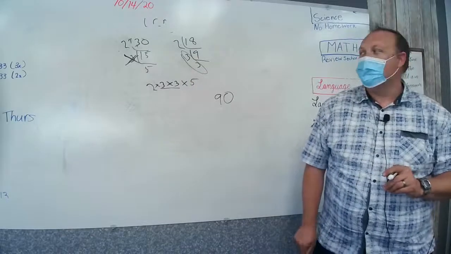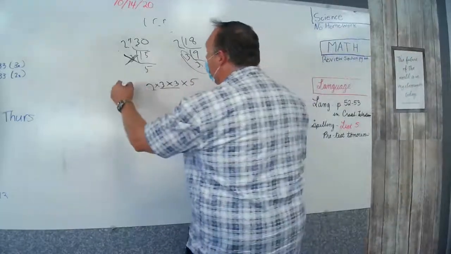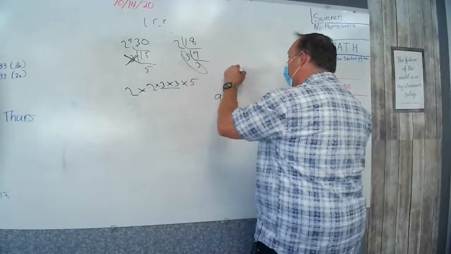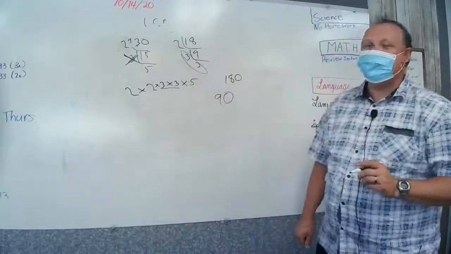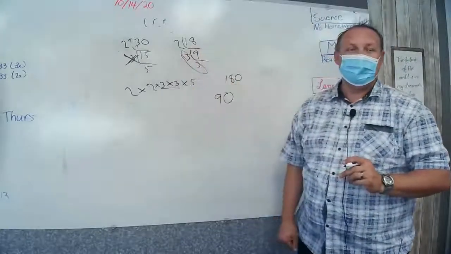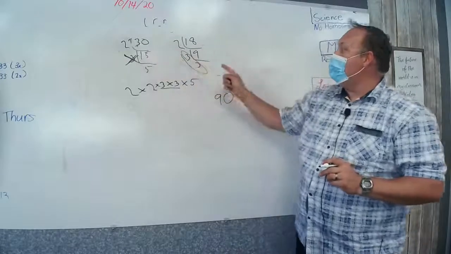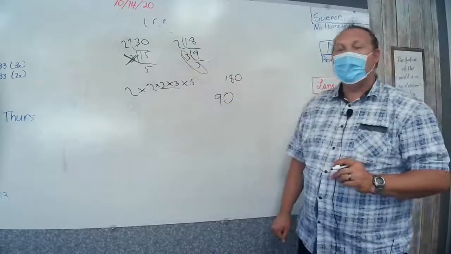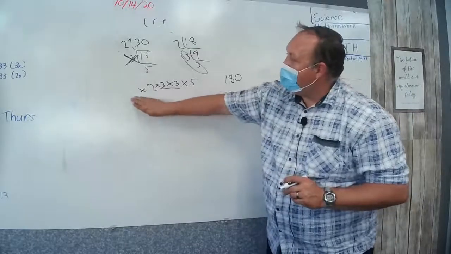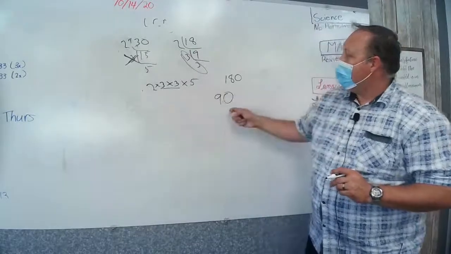All right? If I had this other 2, I would get 180, and 180 is not the smallest number that these two will go into. Yes, 30 and 18 will go into 180, but it's not the smallest. I've got to get that out of there to make it into a 90.